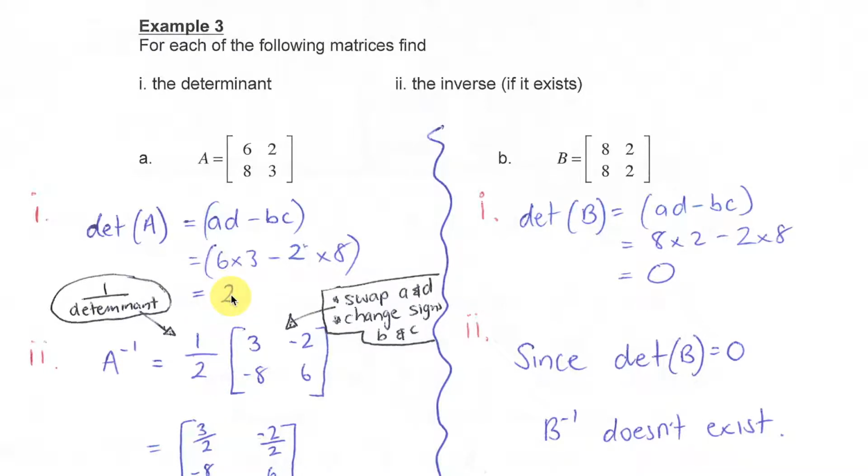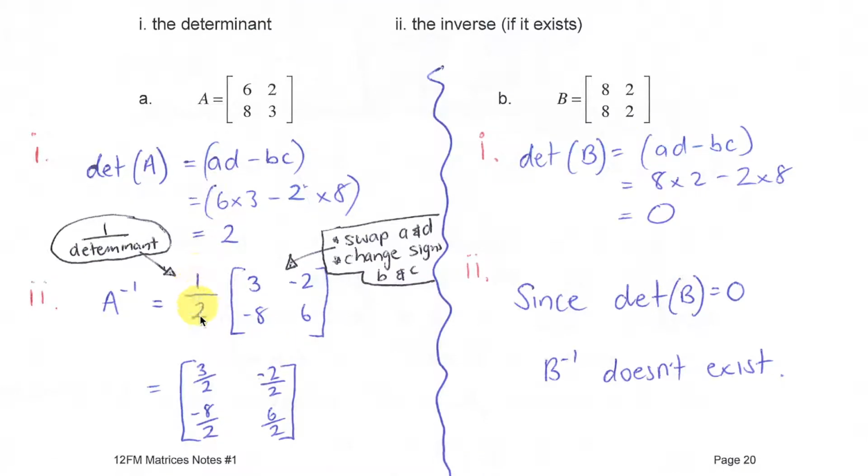The determinant's been calculated in step 1. And then what I need to do is interchange those two. So put the 3 where the 6 is and the 6 where the 3 is. You can see I've done that here. And then along this diagonal, I just need to change the sign. So that will become negative 8 and this will become negative 2. You can see that's the case as well.